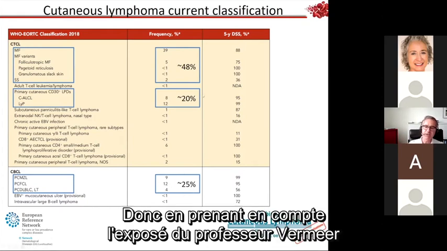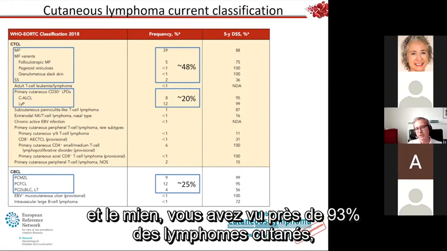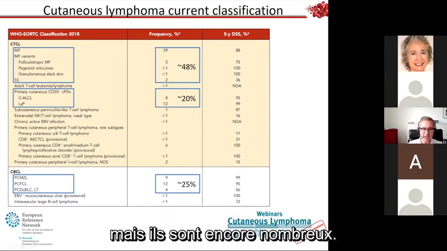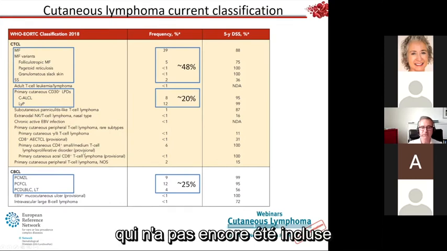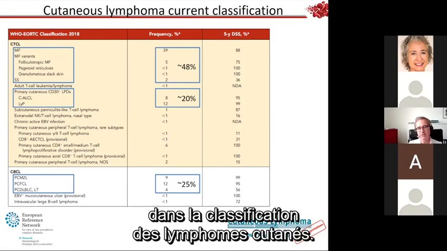So taken together with Professor Vermeer's discussion and my input, you will encounter more than 93% or so of cutaneous lymphoma. But there are many, many more individual ones, but you see they are actually very rare, with the exception of this provisional entity that has not yet been fully included into the cutaneous lymphoma classification.